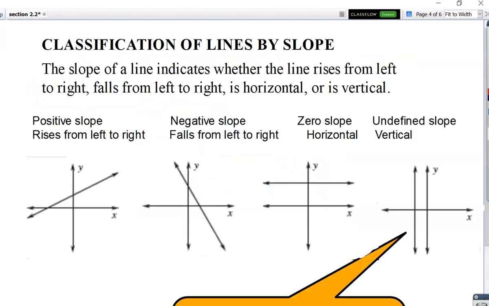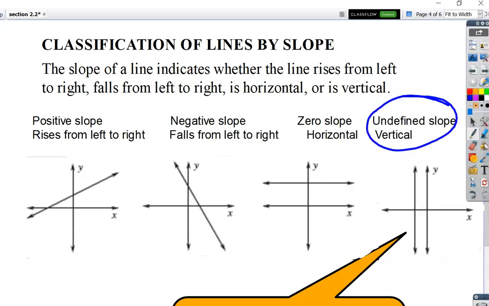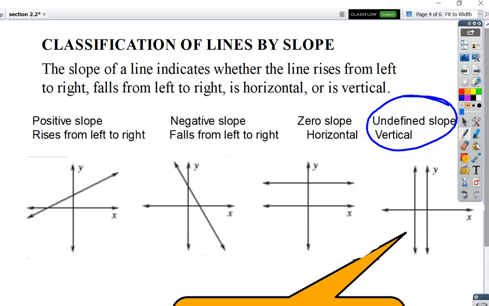So when we're classifying lines based on the slope, we have 4 different types of slopes we could look at. Generally speaking, you always want to go left to right. The reason I'm saying generally speaking is because we have one case where that's a little bit harder to use that rule. But if you have a positive slope moving left to right, the line should be increasing.